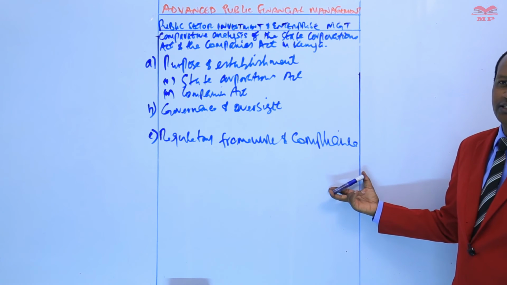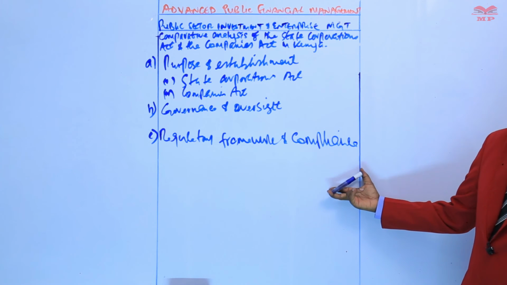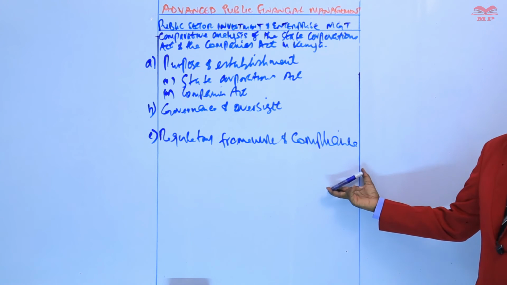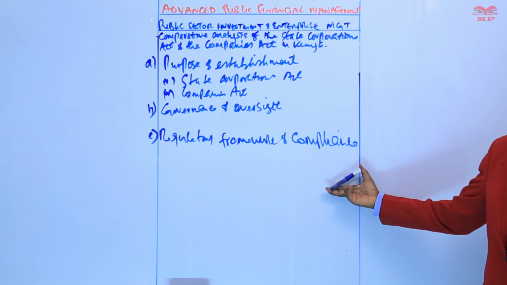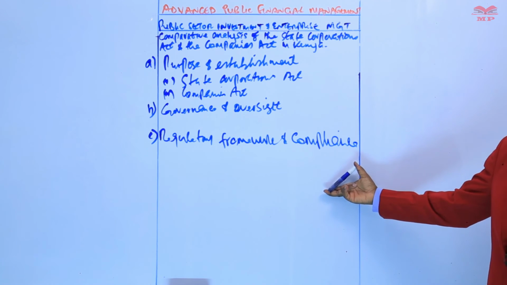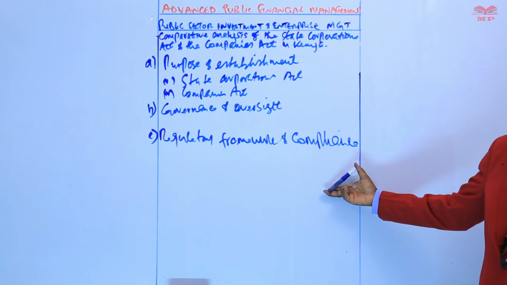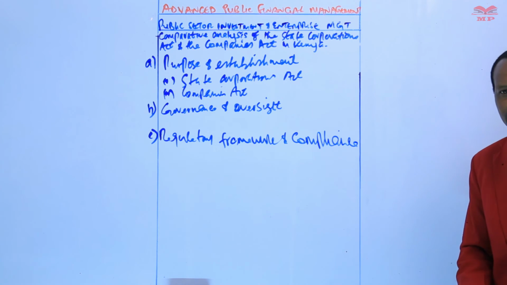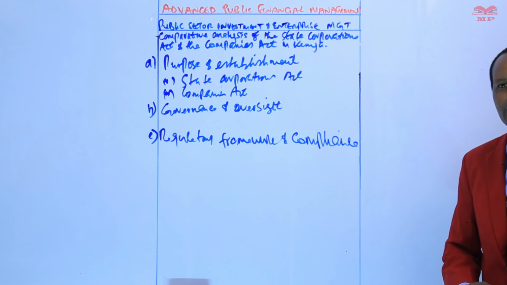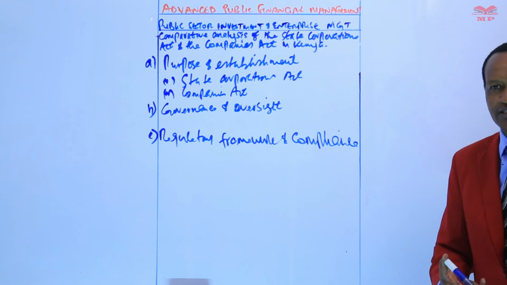On the other hand, companies governed solely by the Companies Act must comply with its requirements regarding incorporation, share capital, filing of returns, conduct of meetings, and winding up. So public companies are subject to more stringent regulations and disclosure requirements compared to private companies.